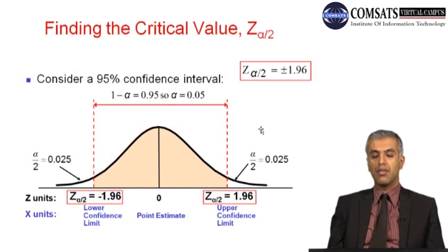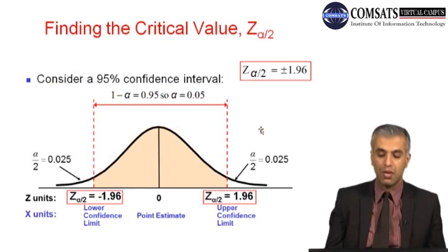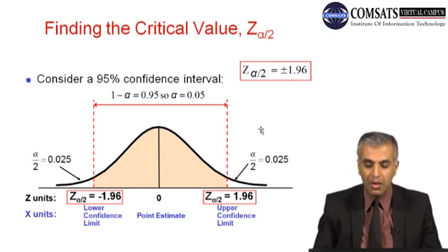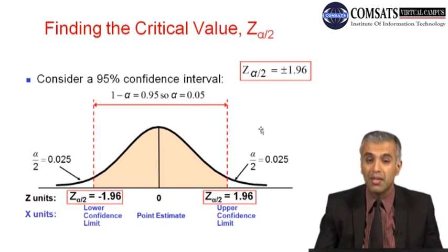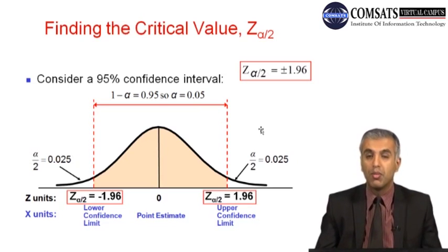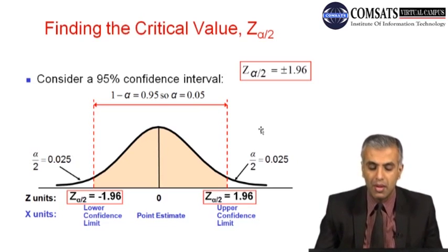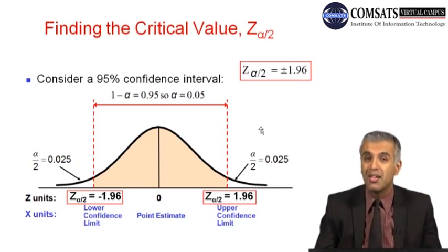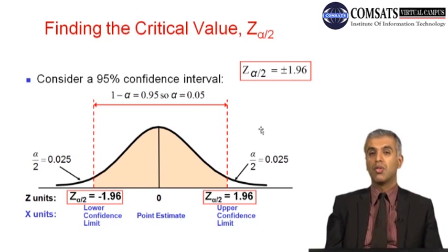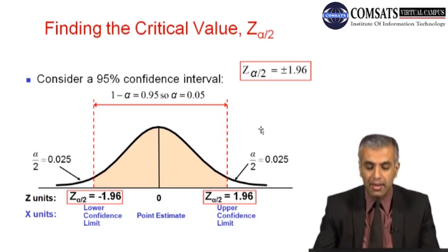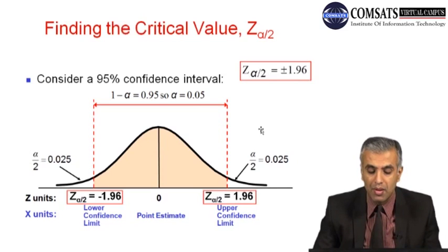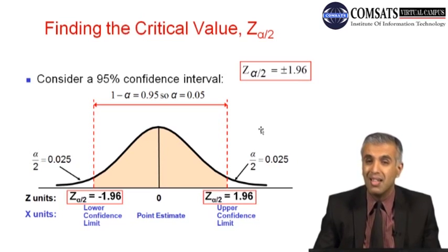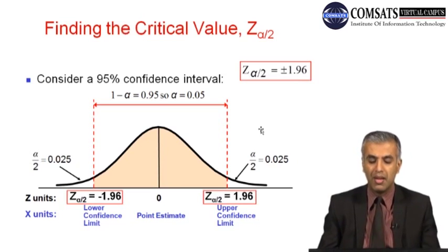Here we are given a 95% confidence interval, and the end values are clearly portrayed, with alpha by 2 equal to 0.025. We identified the central region in which the hypothesis would be accepted; if the value lies in the middle region, then the null hypothesis is true.